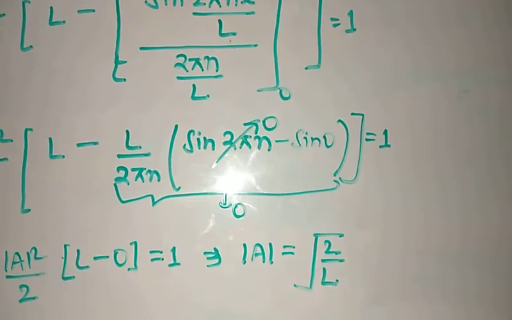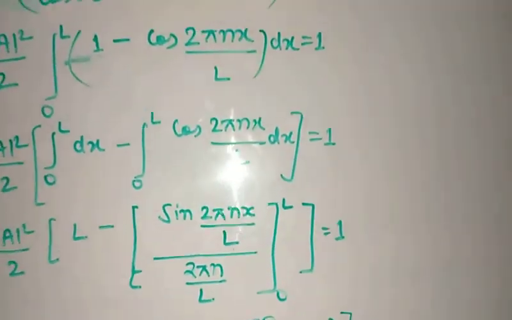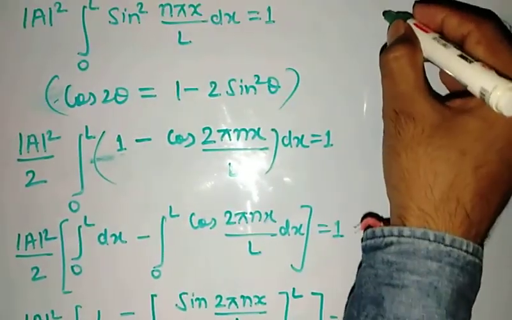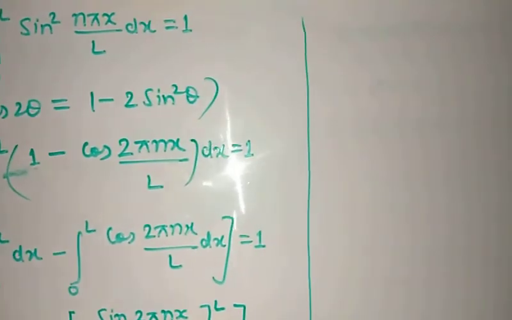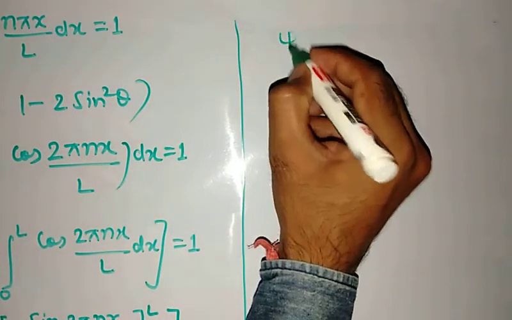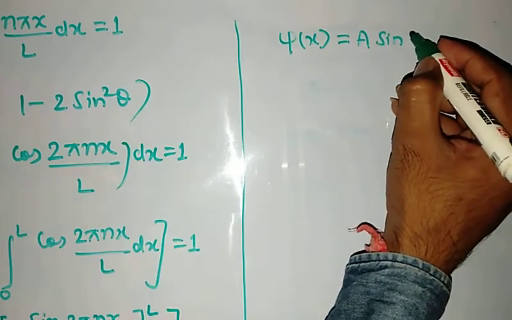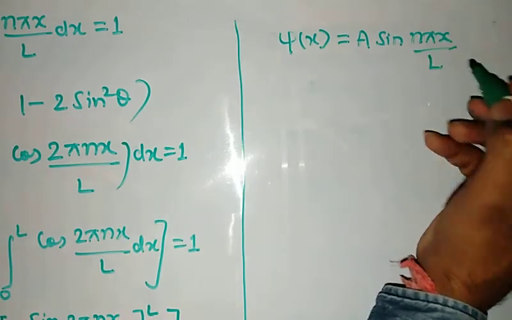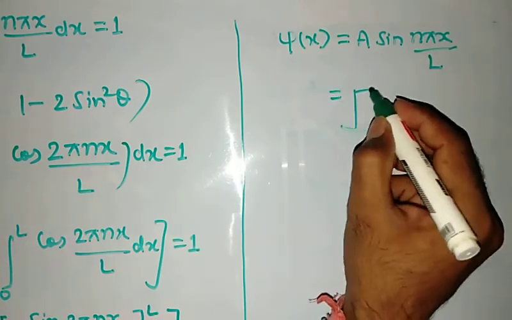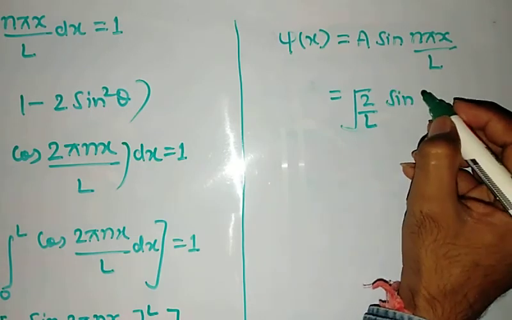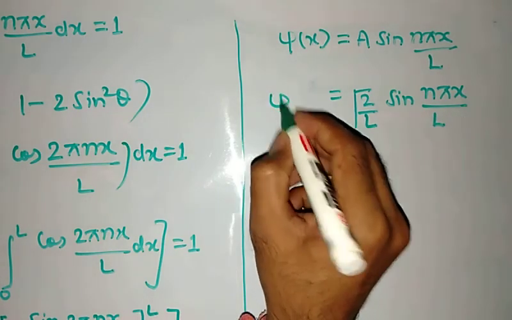As we know that we have found the wave function in the form psi x is equal to, just we have found, A sin n pi x by L. So the value of A is now under root 2 by L sin n pi x upon L. This is psi x.